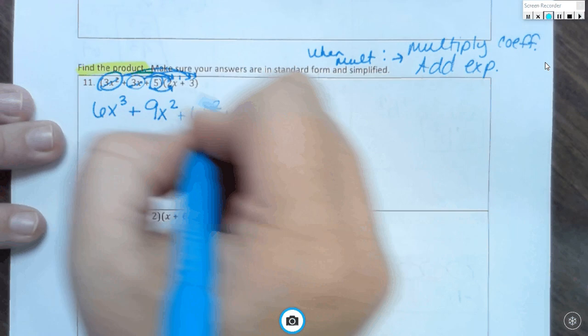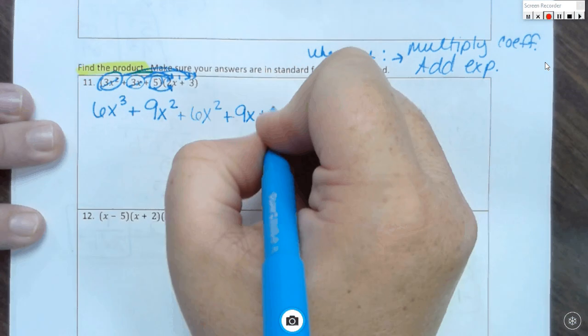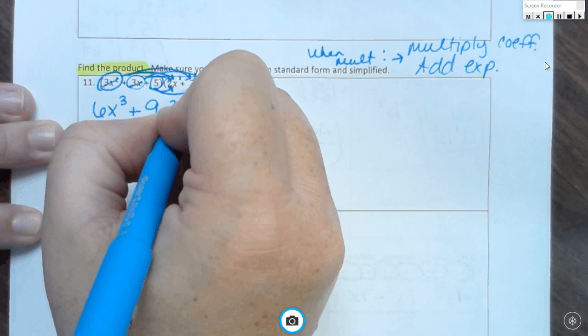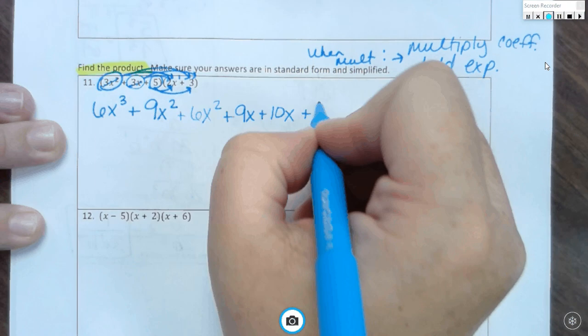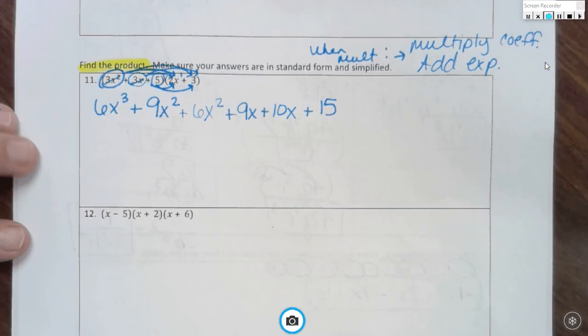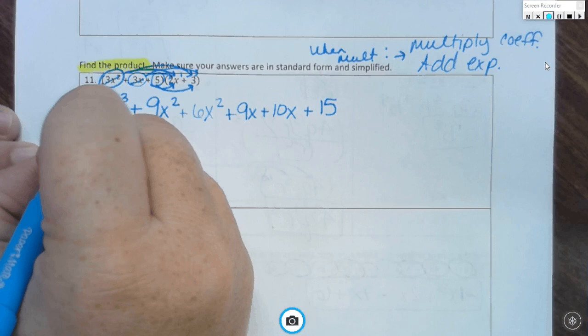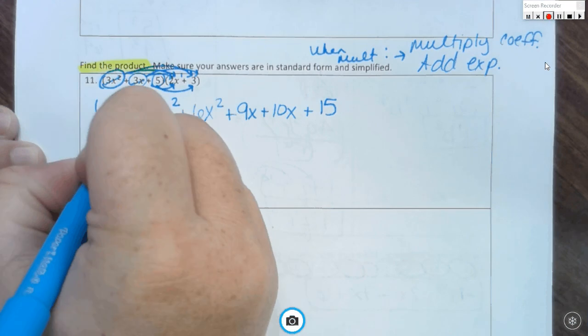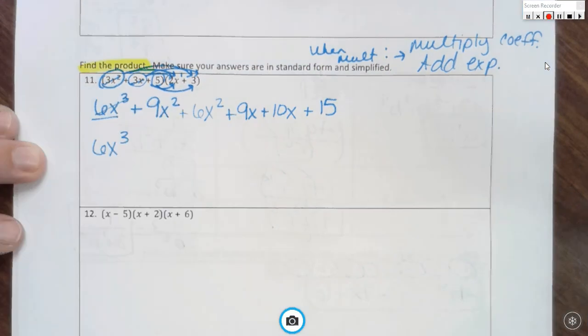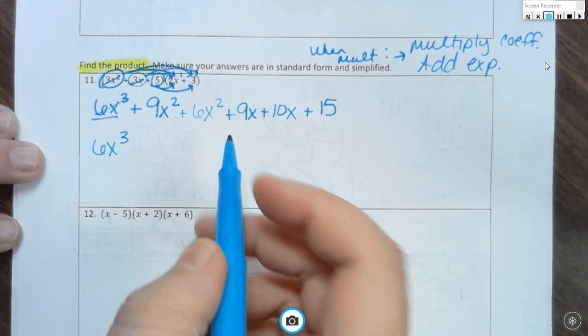Now for the last term, 5 times 2x would be 10x. And 5 times 3 would give me 15. So once you have multiplied out and distributed everything, then we gather up our like terms. So I have 6x to the third. And I tend to kind of mark them out once I'm done with them, so that I can keep track of what I've added together and what I haven't.